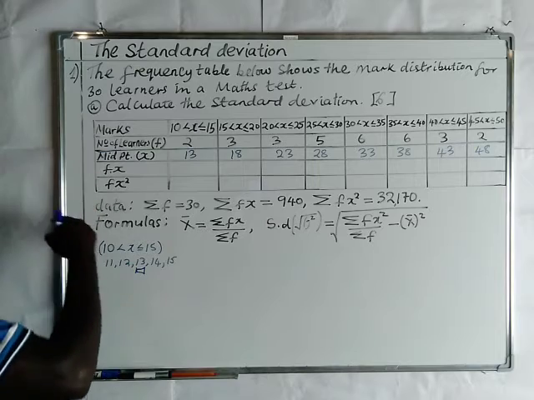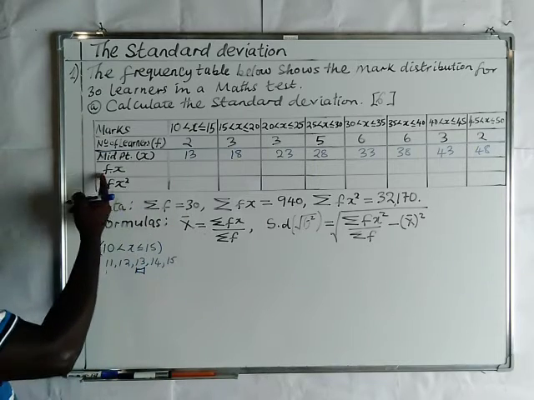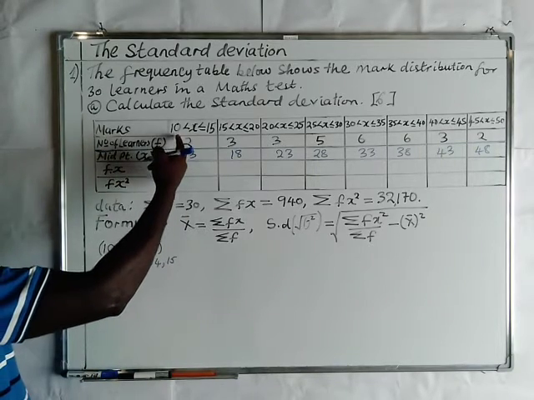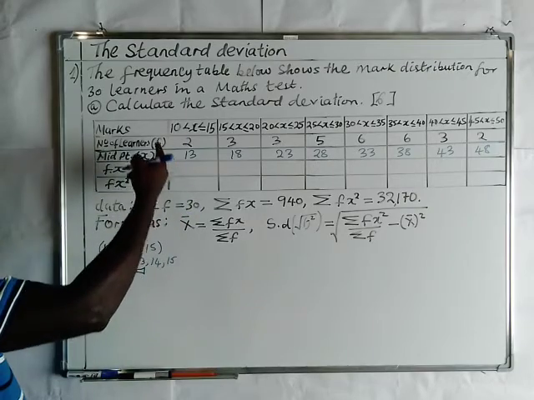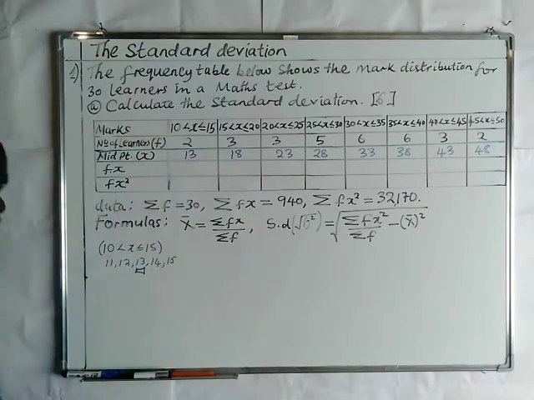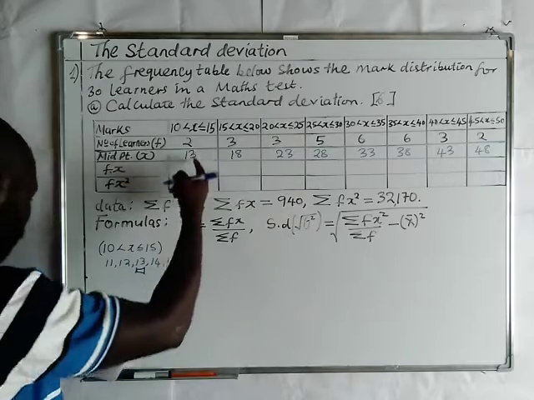Now we have to get fx, meaning that for each one of the intervals we multiply the frequency and the midpoint. So we start multiplying.